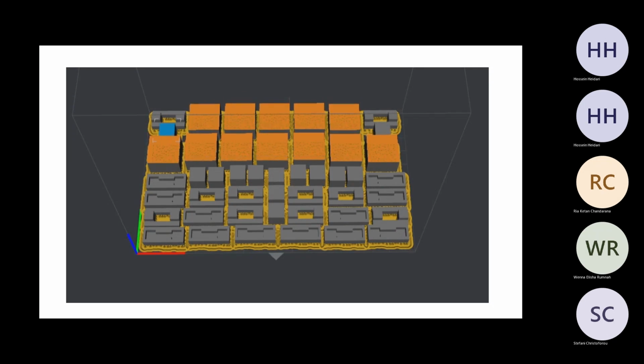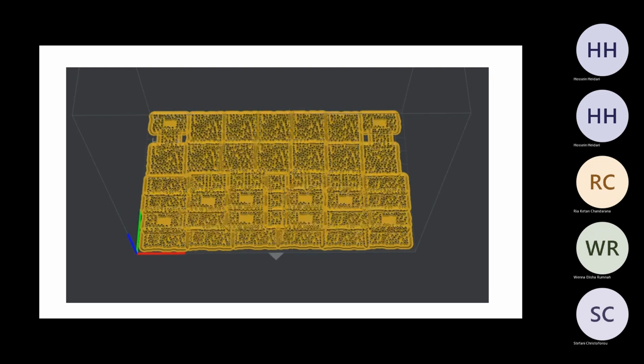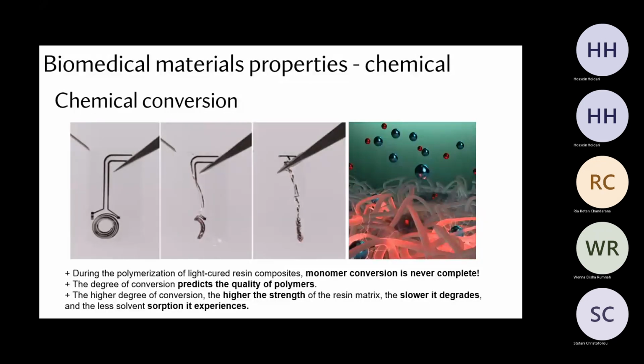That's why you cannot just speed it up and then post-process it. As I mentioned, this in 3D printing is a big issue because we actually want chemical conversion. We want the parts to be fully converted, unless we're intending to make an object that's less stiff.